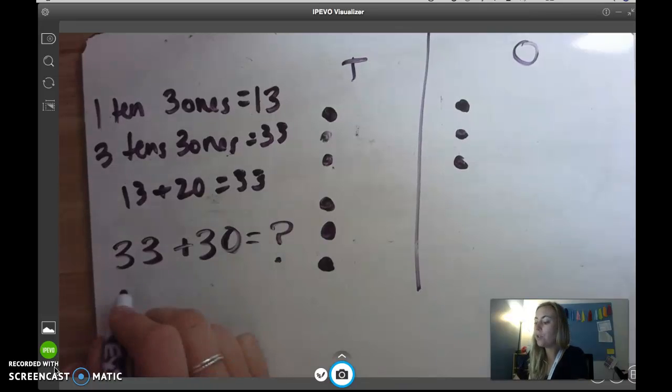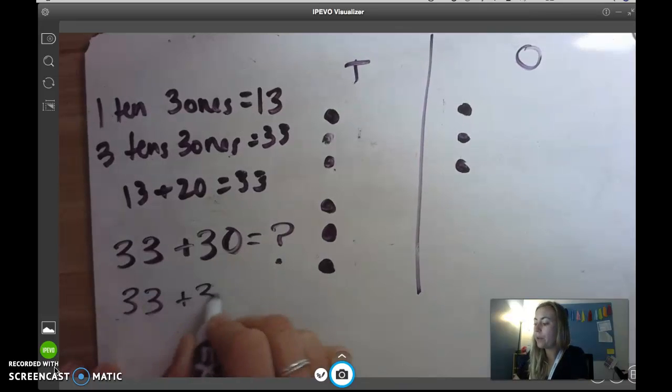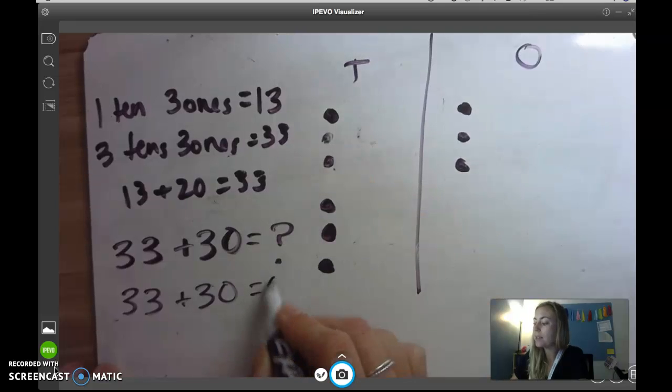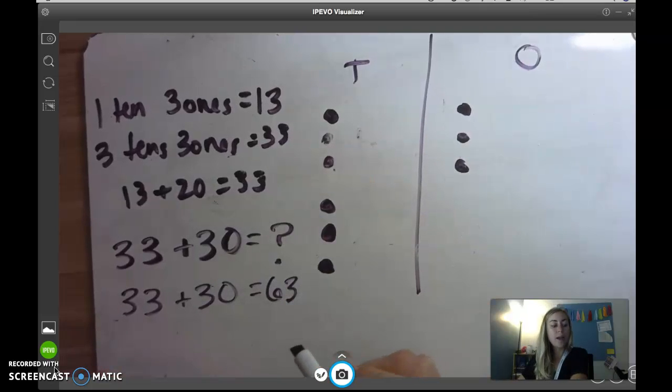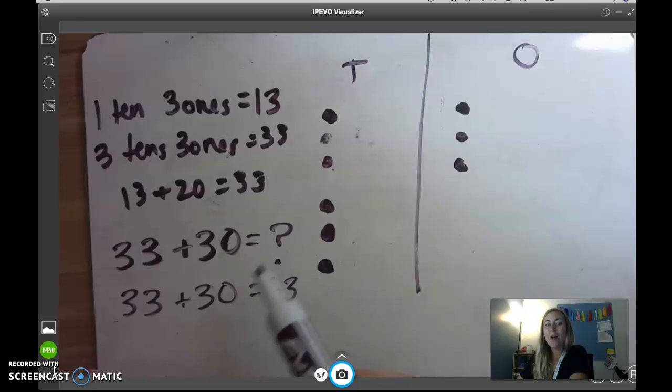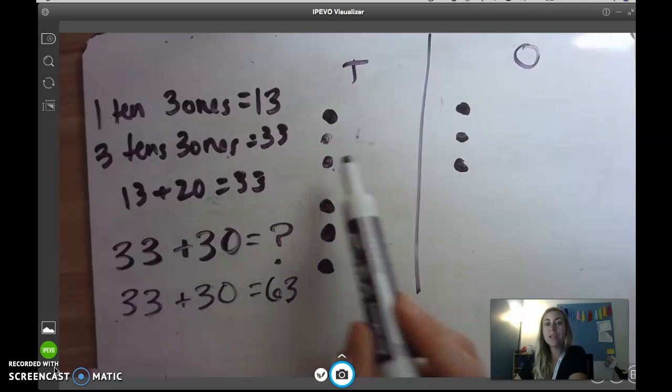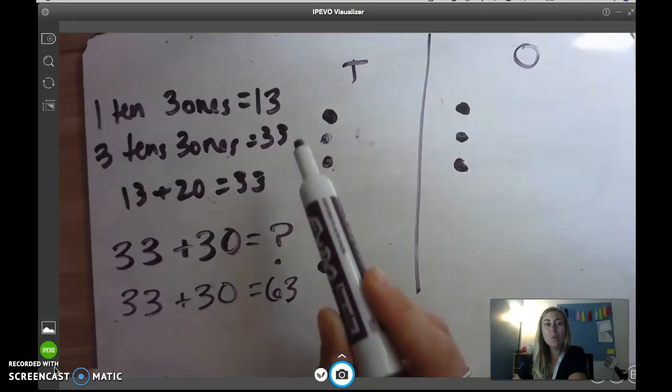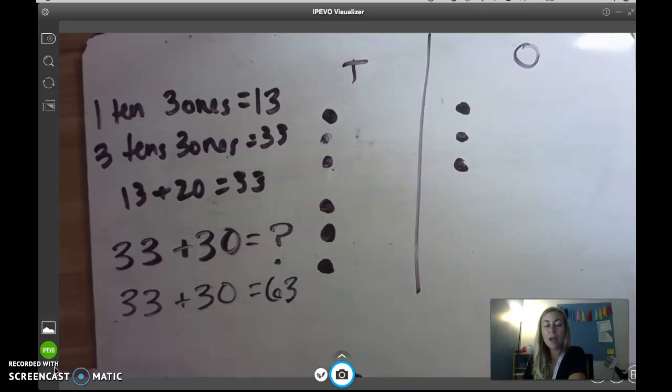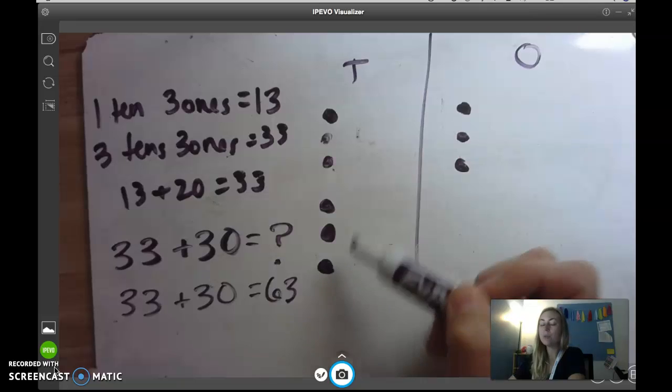That's right. If you said 33 and 30 is the same as 63, you were correct. Notice how the digit in the tens place changes from 33 to 63, but my digit in the ones place has stayed the same the whole time. That's because I'm adding groups of 10.